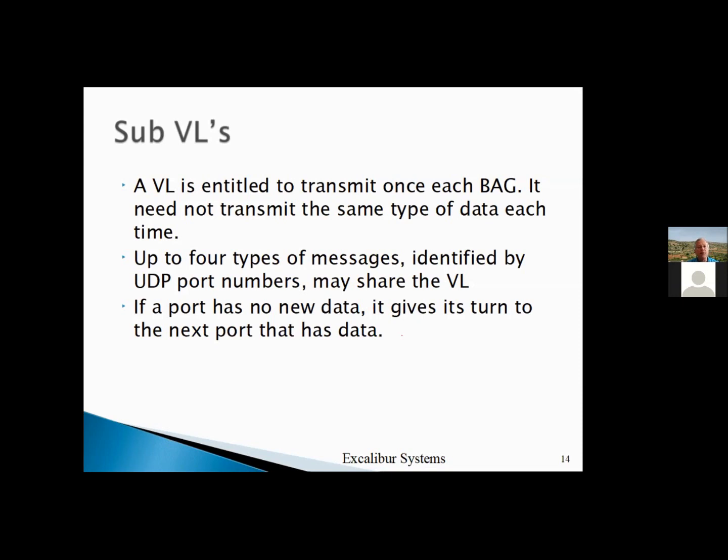But if I have 4 different packets, then I'll send one of them at time 0, a different one at 128, a different one at 256, and onward, so that each one actually is going out roughly every half a second, or technically every 512 milliseconds. So I'm allowed to do that. I'm allowed to share my slot among multiple sub-addresses. Turns out I'm allowed to share it with up to 4 sub-VLs.